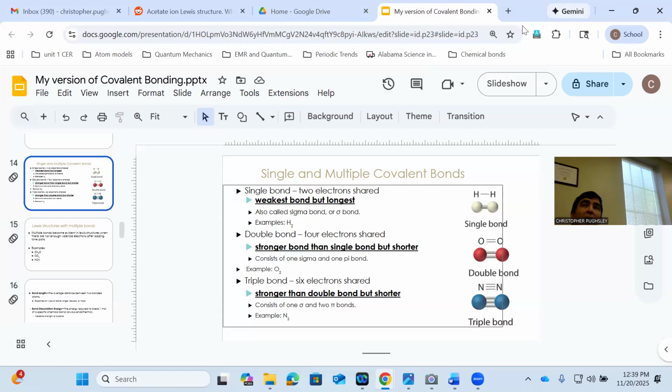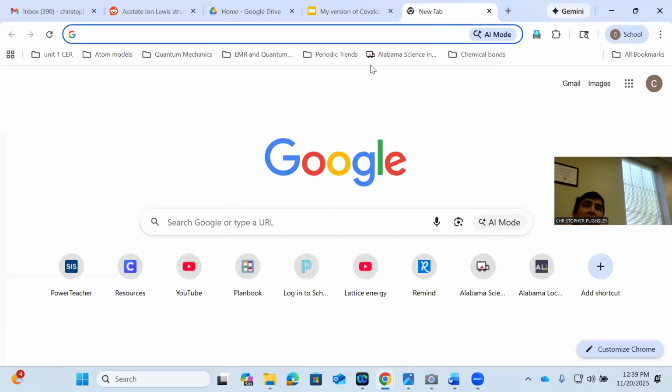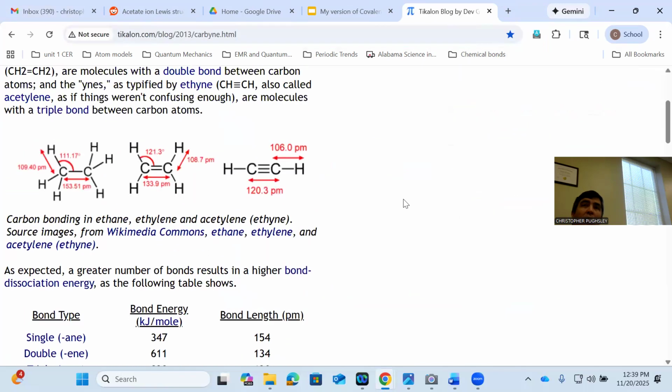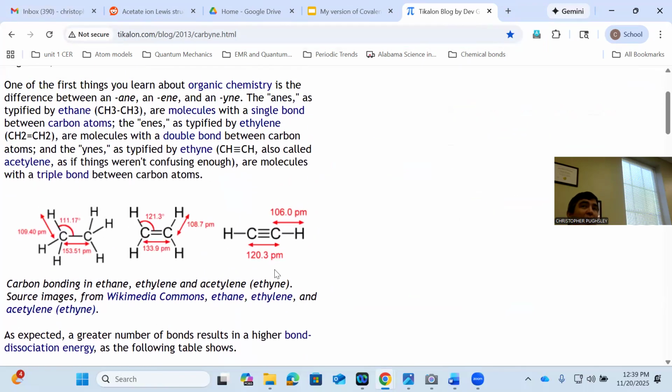All right, so an example of this is right here. These are some compounds. This is called ethane. This is ethylene, the one we just did. It helps make plastics.